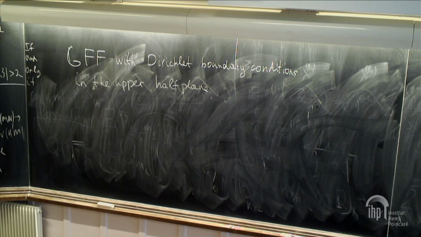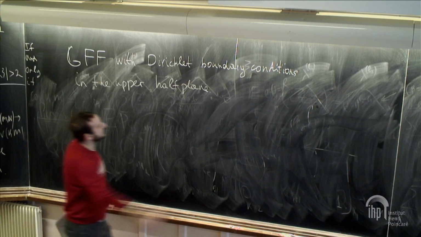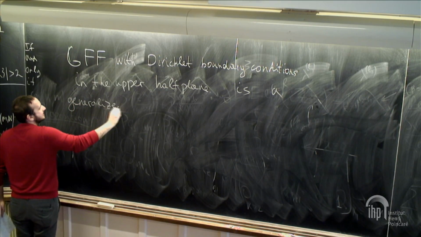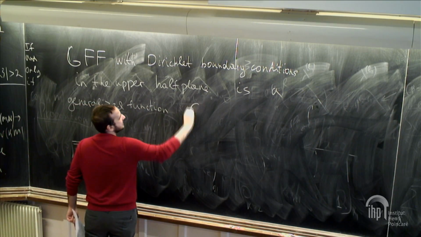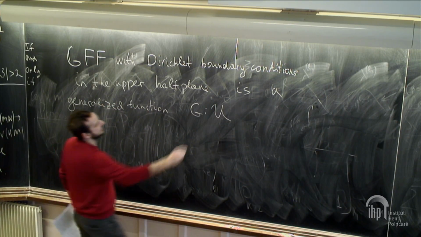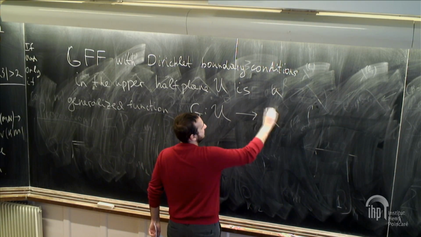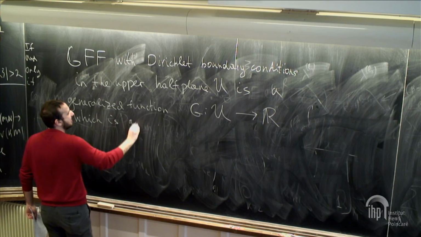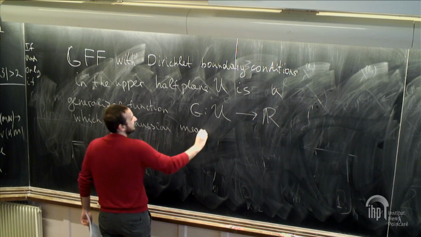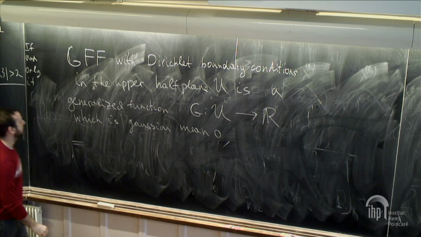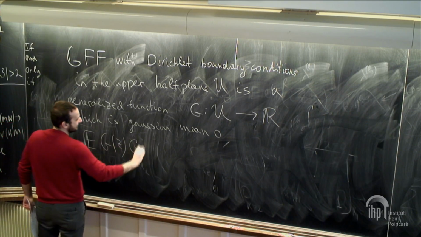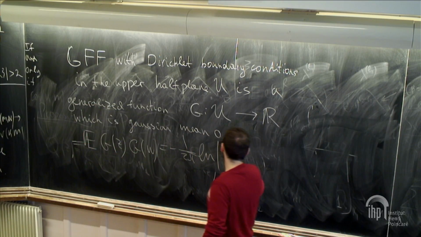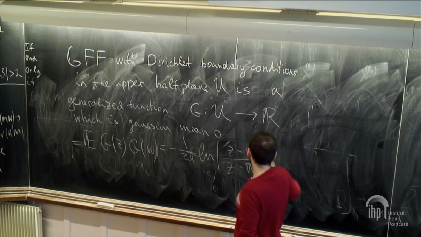We will start with the most naive version of the definition. It says that this is a generalized function G from the upper half plane, we will call it U, to the real numbers, which is Gaussian with mean 0 and satisfies that the expectation of G of z times G of w is equal to minus 1 over 2 pi logarithm of the absolute value of z minus w over z minus w bar.